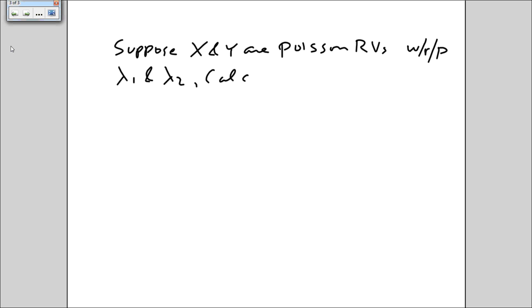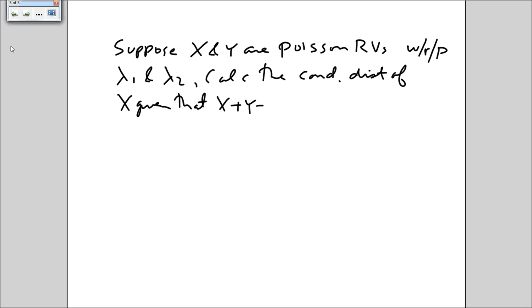We want to calculate the conditional distribution of x given that the sum of the random variables happens to equal the number n.